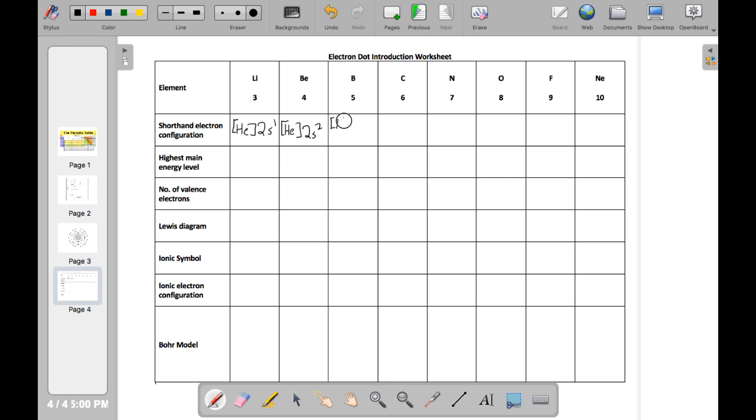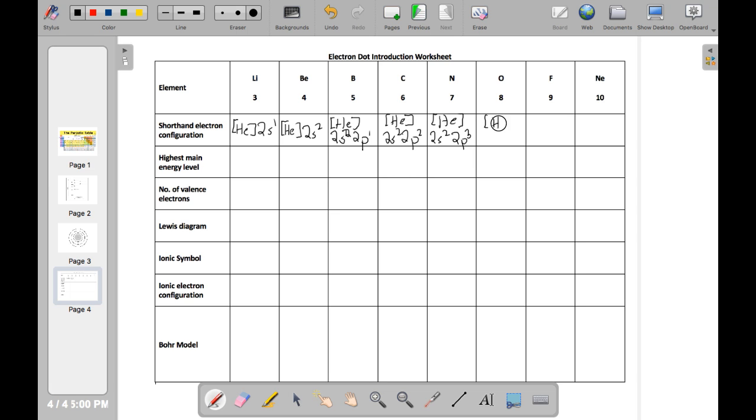So I'm going to try to fit that in here. Don't you wish chemistry teachers would make these spaces bigger? And I have only myself to blame. 2s2, 2p1. Now let's just keep adding. Helium 2s2, 2p2. Nitrogen. So let's write helium 2s2, 2p3.